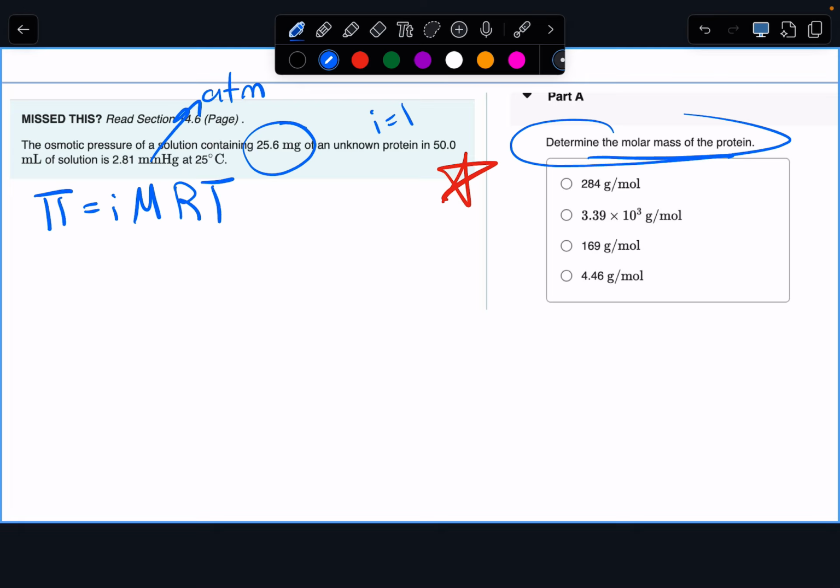Like when you see that, you're like, well, what's the chemical formula? Do I need to add it up on the periodic table? No, you don't know what it is. They're trying to get you to use the information you have. So start with this equation and see what you do have to get to that point.